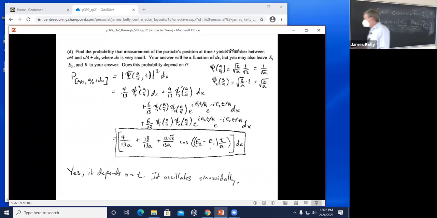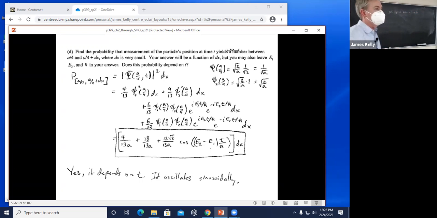And that sounds a little bit strange, but if you remember back when we first started talking about probabilities, we said rho of x, one way to think about rho of x is the probability of a position measurement between x and x plus dx.